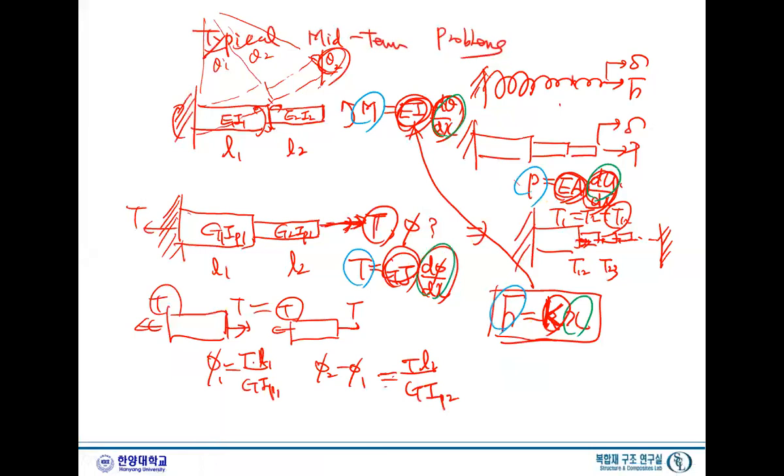It resists deformation. So if you have a high EI, high GJ, or high EA, it resists deformation for the given forces. So I hope that you understand in general the force, deformation, and stiffness. Okay?